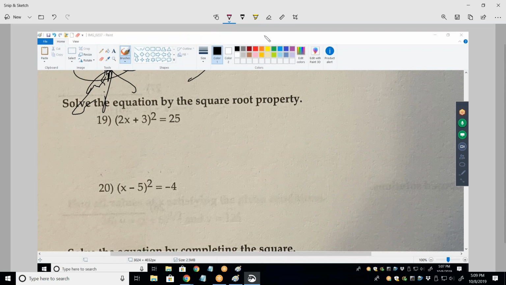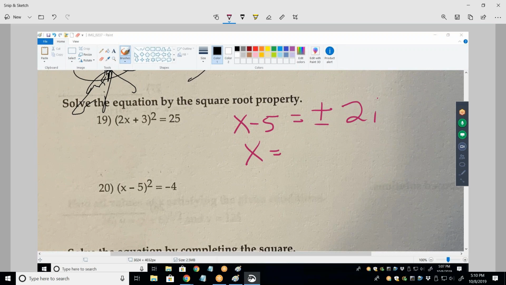Number 20. You take the square root of x minus 5 squared and the square root of negative 4. So you get x minus 5 equals plus or minus 2i. Good. Now what? And then x minus 5 equals 2i, and x minus 5 equals negative 2i.